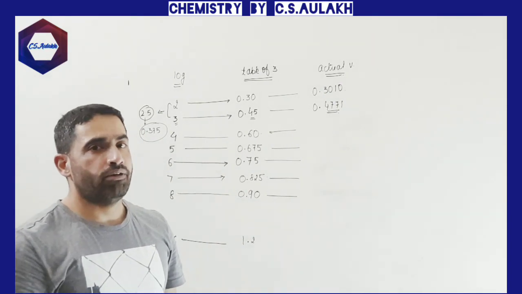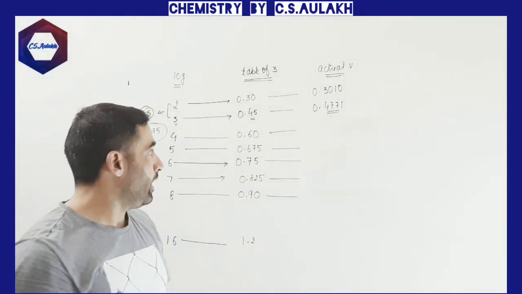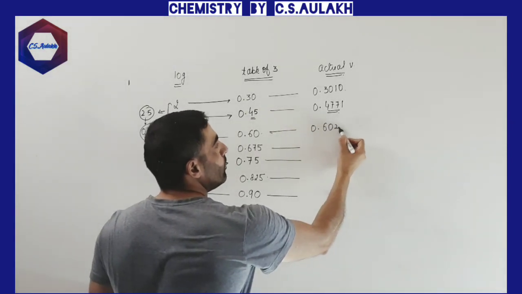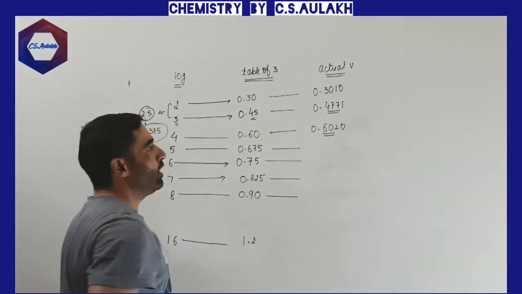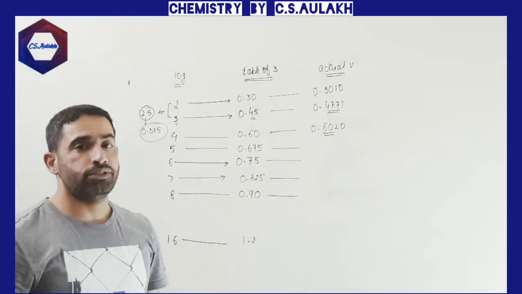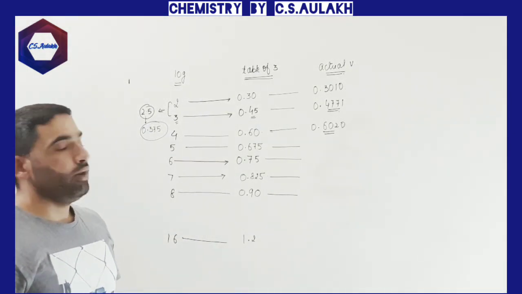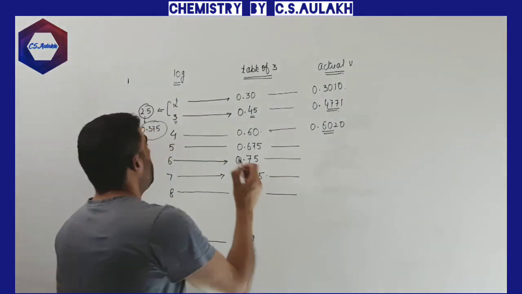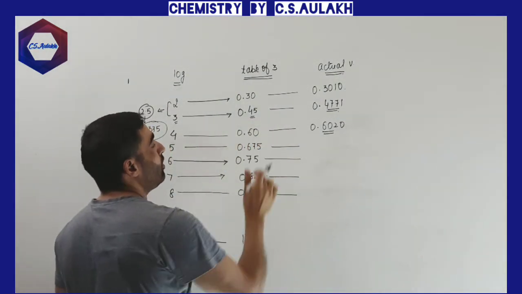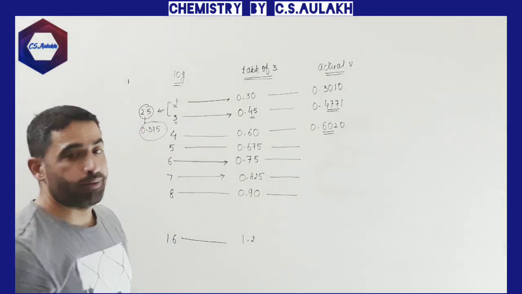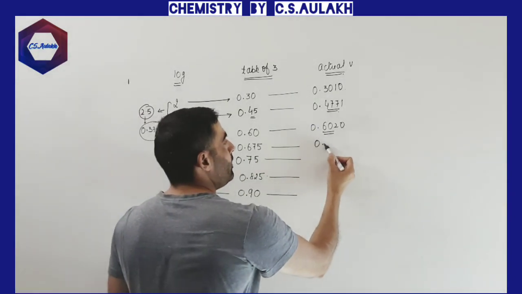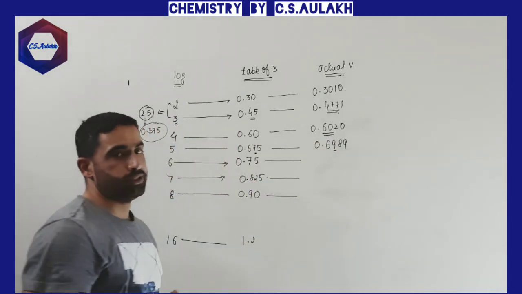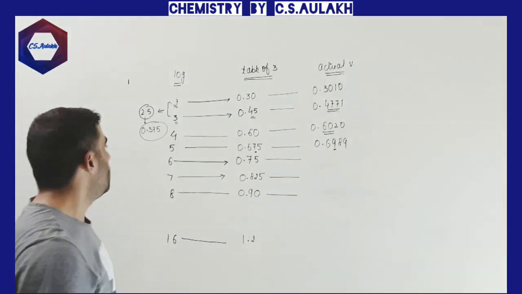So again it doesn't matter when we are using this value in calculating numericals. Similarly, the value of log 4 in the log table is 0.6020, while what we are using here is 0.60 only. Then the log value of 5 in the log table is 0.6989. Again, there is a difference in the second decimal place, which is negligible.